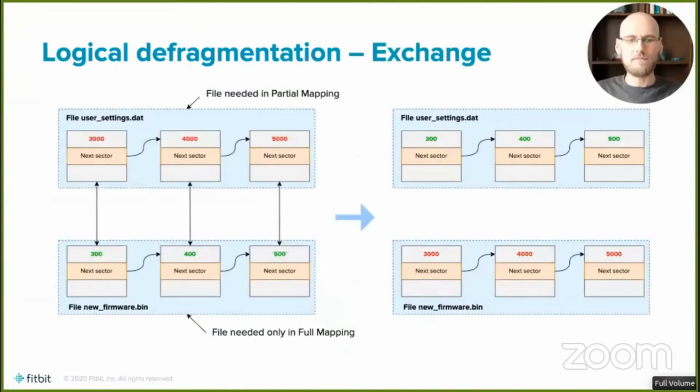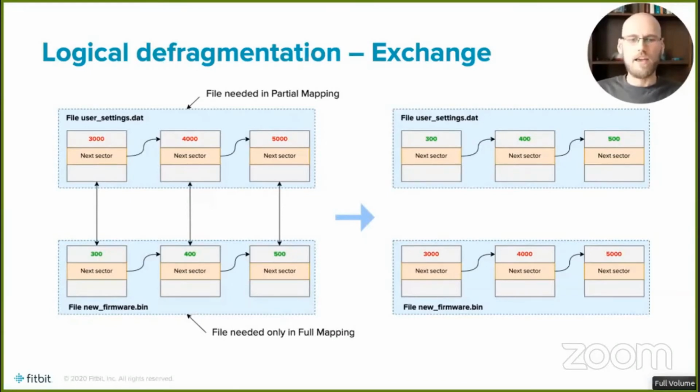The exchange step makes sure that important files will be fully accessible from partial mapping. It sources logical sectors from the files placed under that special directory, the files that we don't need in partial mapping. This is where the exchange comes from. If there are no more exchange sectors available, free logical sectors smaller than 2048 will be used.